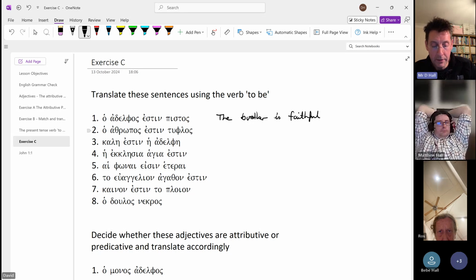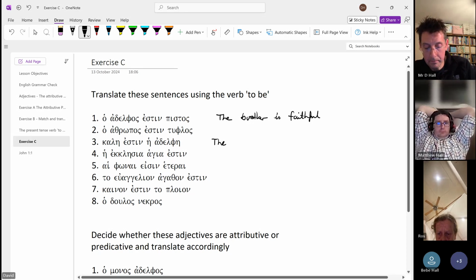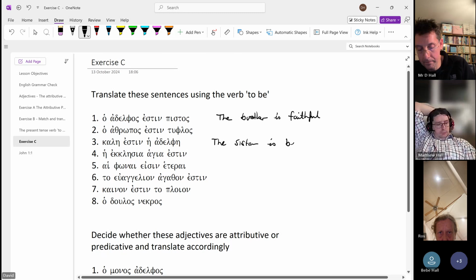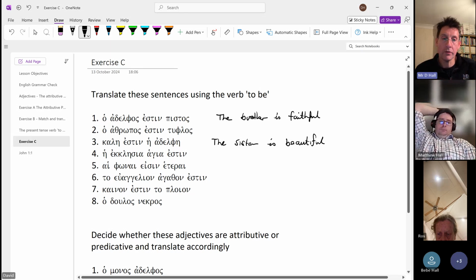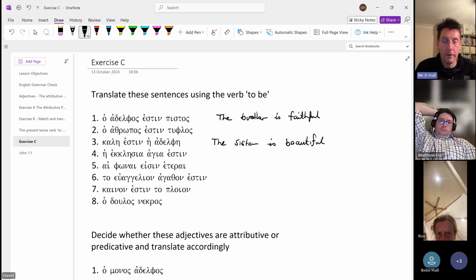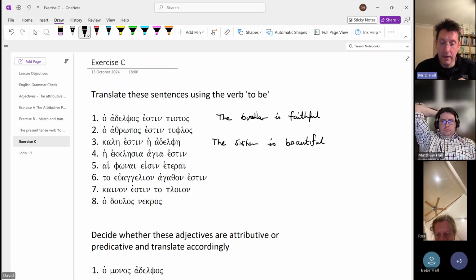So the translation here is the sister is beautiful. All right, so that's what we are trying to learn at the moment, trying to get our heads around the fact that although the word order might not be as we want, it does have an indicator to tell us whether it's going to be translated as a sentence using the verb.